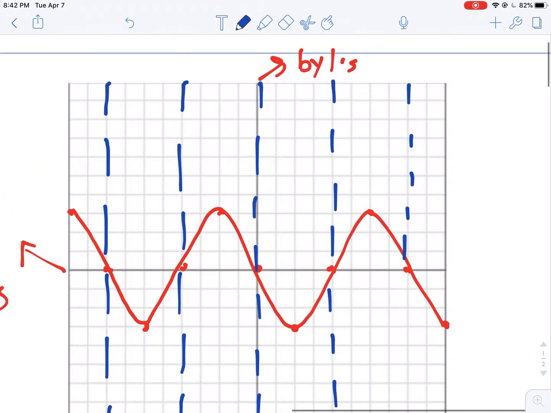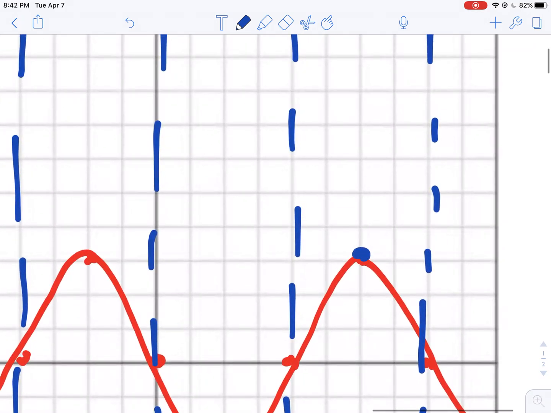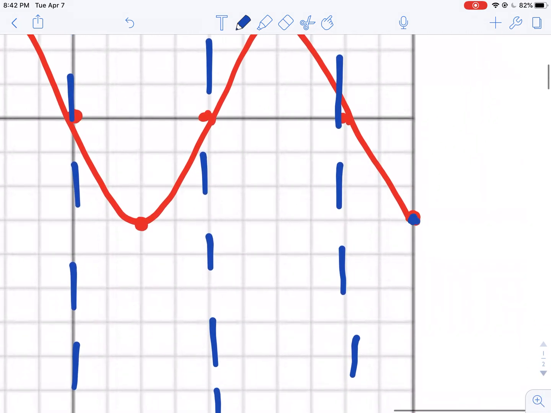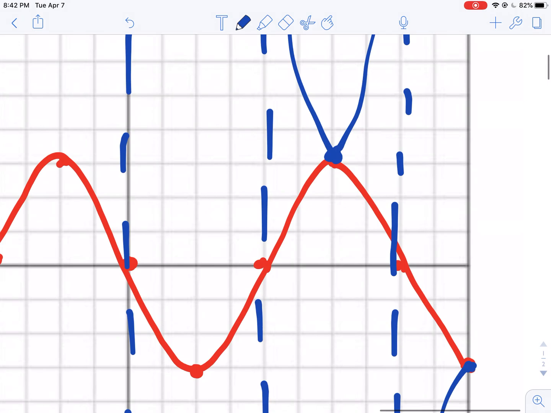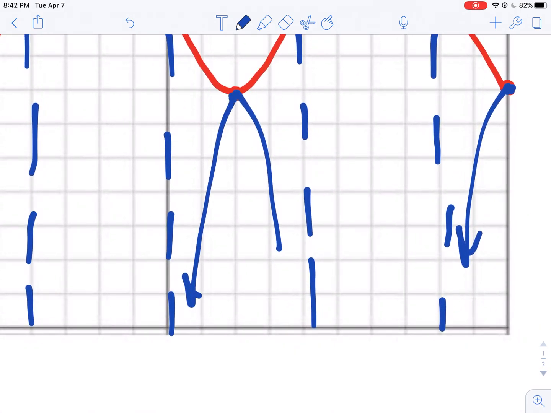And then what I'm mostly concerned with is you knowing that these graphs are going to overlap with a minimum or maximum of the parabola at a peak or valley of the sinusoidal wave, depending on the situation. And then it's just going to approach those vertical asymptotes and adhere to asymptotic behavior.